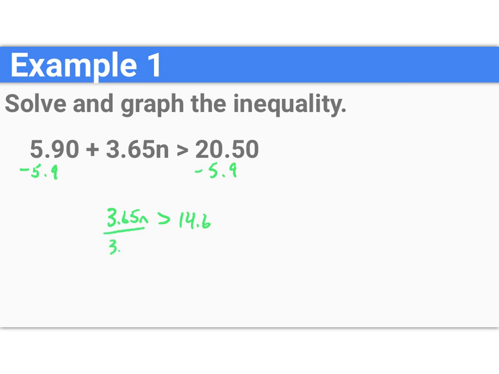Then divide both sides by 3.65. And n will be greater than 4. So when we graph that, we put a 0 for reference, a 4, and every number bigger than 4 solves the inequality.